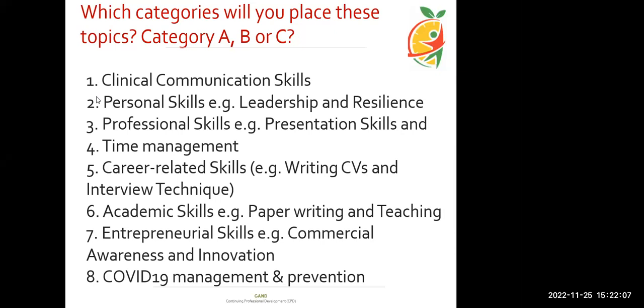If you are looking at waiting time, if you are not managing your time well, there will be long waiting time, and that will not translate into quality. So I think it should be category B. But you know what the B category is, right? Yes. So I also think time management should be B. It's about quality.